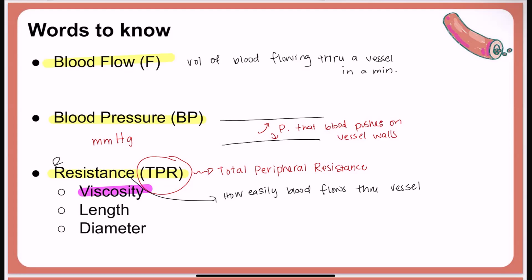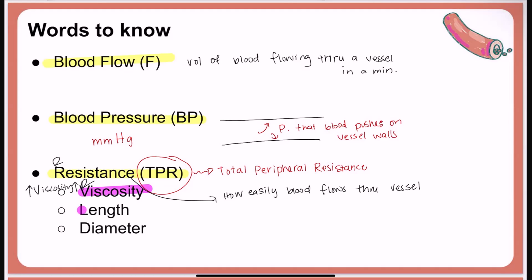Honey is very viscous as opposed to water, less viscous. So if there is more thickness, more viscosity, we'd say that there's more stuff in the blood. And so if viscosity goes up, then that raises resistance. Usually blood viscosity is pretty much the same, so it's not a factor that we care about as much on a day-to-day basis, but it can change, so that's something to think about.